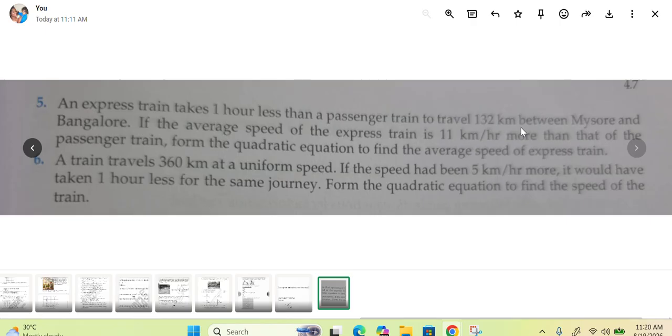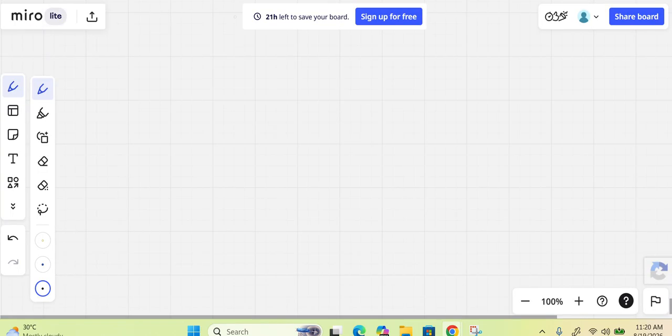The distance between two places is 132. Distance is equal to 132 kilometer. Can you write this distance as a formula?